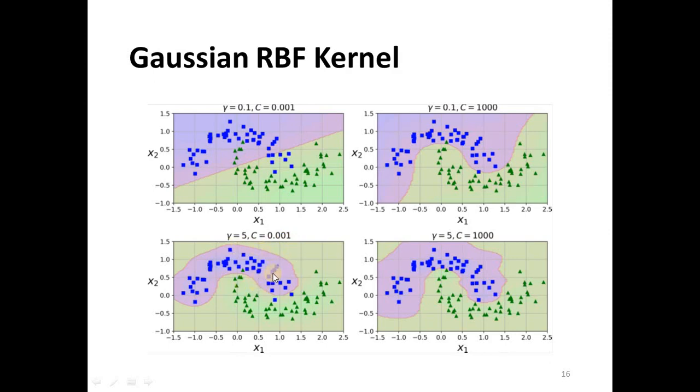Now going to smaller gamma gives a simpler model. Also going to smaller C gives a simpler model. Here with large gamma and large C we have a very detailed, maybe overfitting model, and this is underfitting.